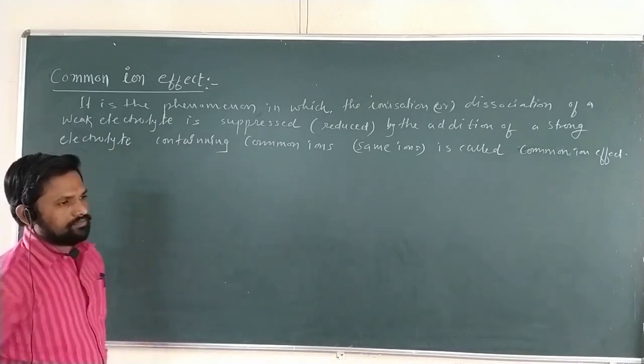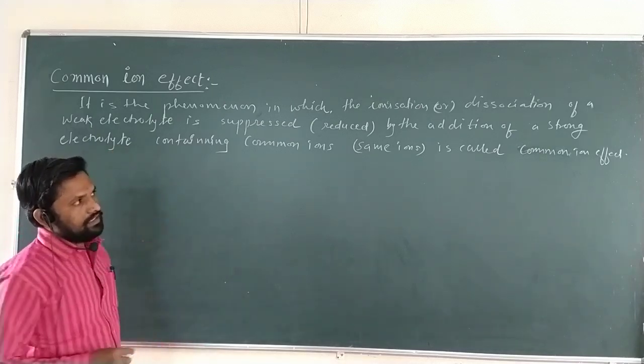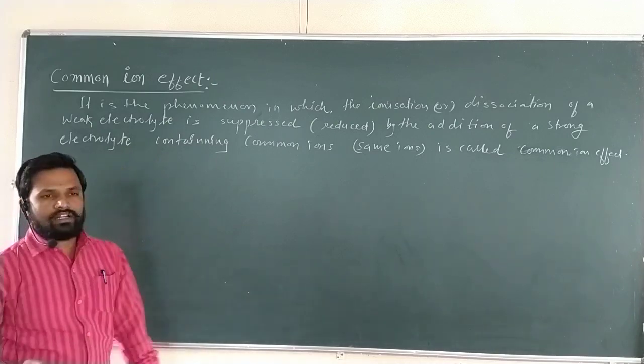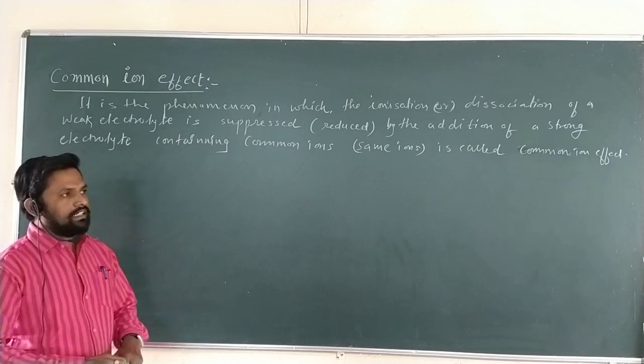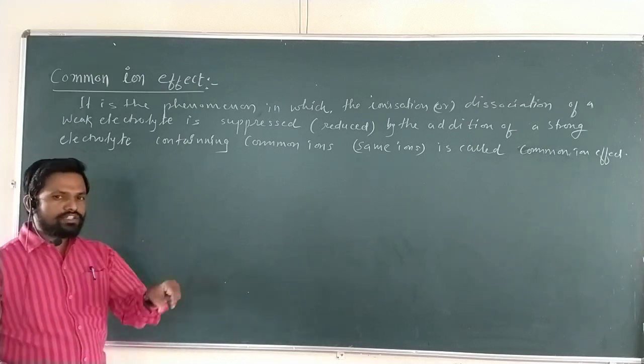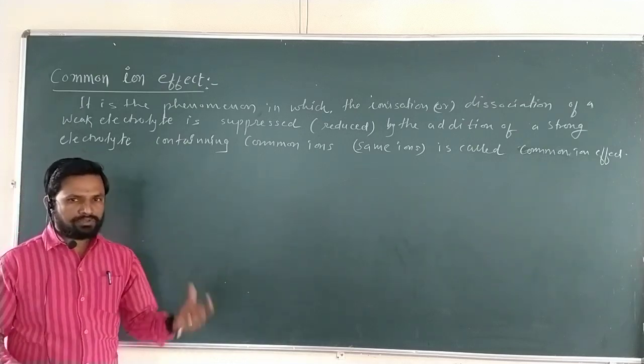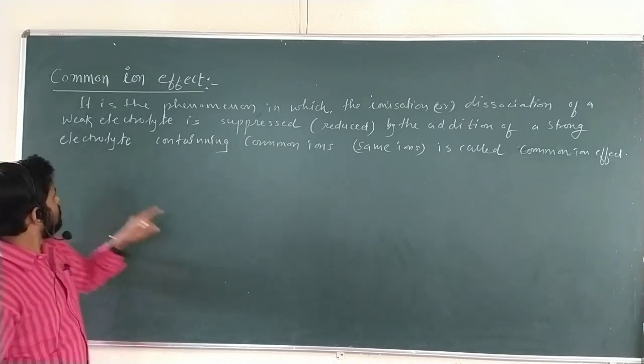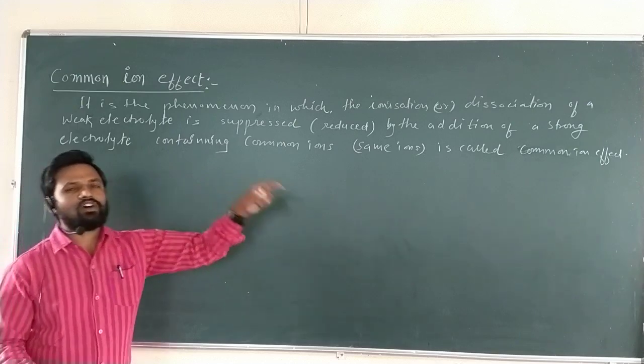It is a phenomenon in which the ionization or dissociation of a weak electrolyte is suppressed, meaning the ionization of a weak electrolyte is reduced by the addition of a strong electrolyte containing the common ions.